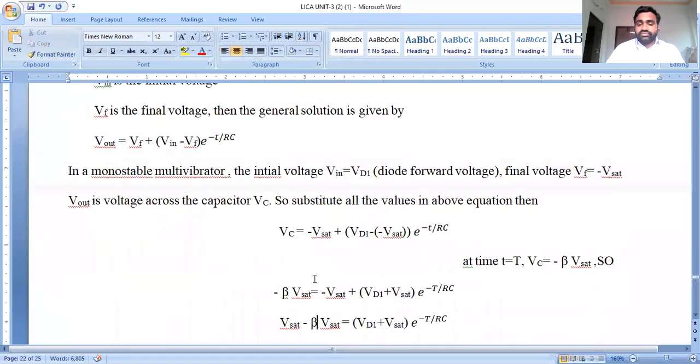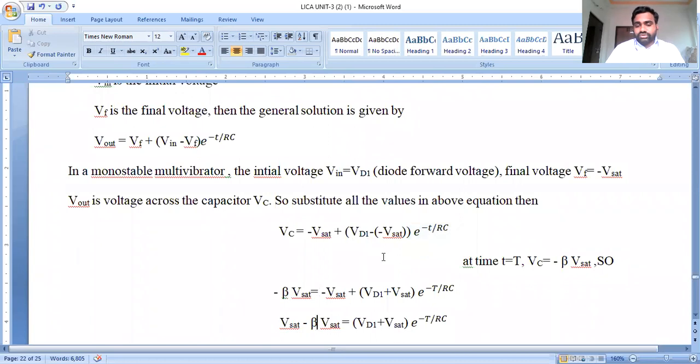If we substitute the parameters and calculate further, this is the expression: Vc is equal to minus V saturation, which is the final voltage, plus the initial voltage, the voltage across the diode VD1, minus the final voltage minus V saturation, times exponential of T by RC.